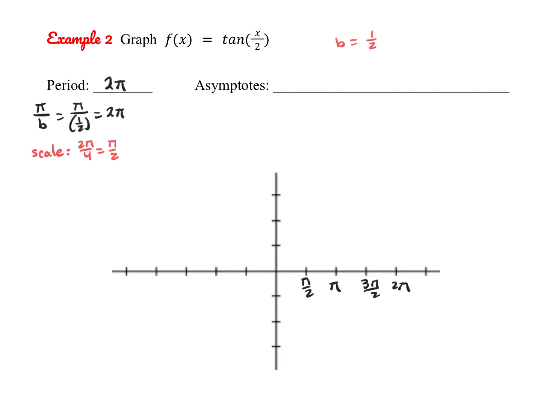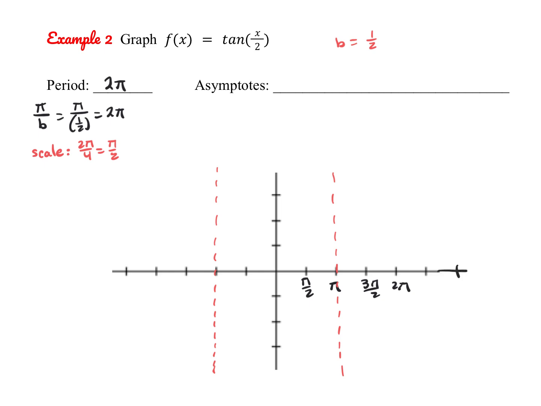So pi to the right, it's always going to be 2 tick marks if we scale our axis correctly. And then I'm going to go pi units to the left, half a period to the left. And if you look at the distance from negative pi to pi, it is 2 pi. We can continue that pattern.